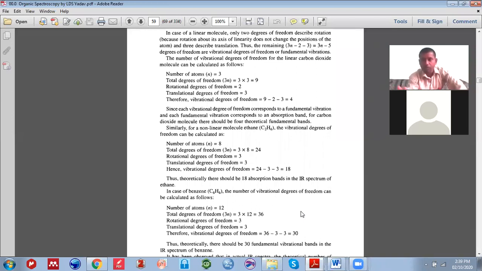Benzene is a planar molecule but not a linear molecule; planarity does not indicate linearity. The total number of atoms is 12, 6 hydrogen and 6 carbon. 3 into 12 is 36 minus 6, that is 30.